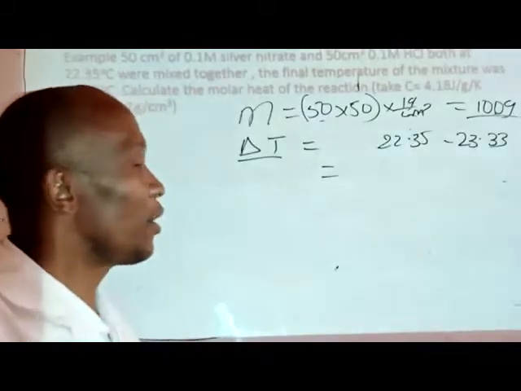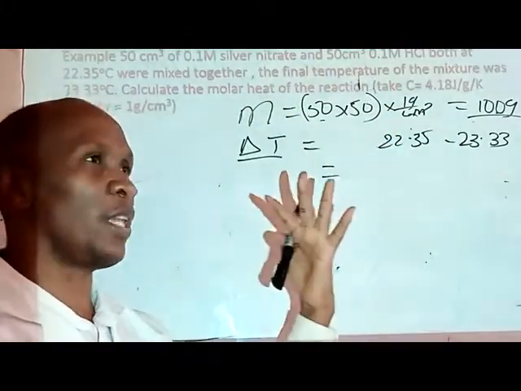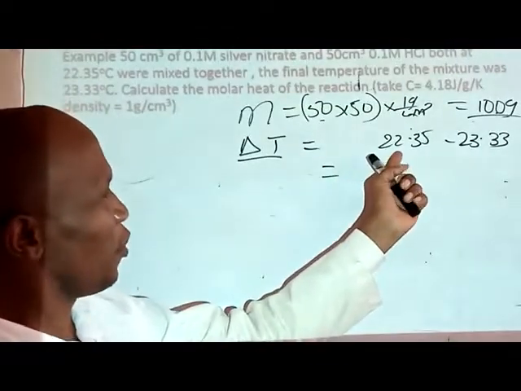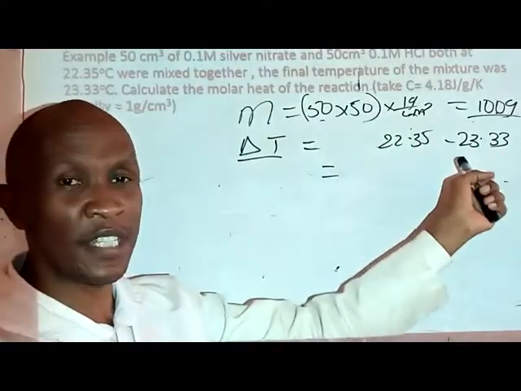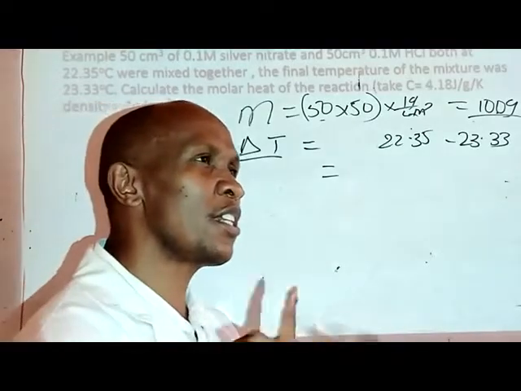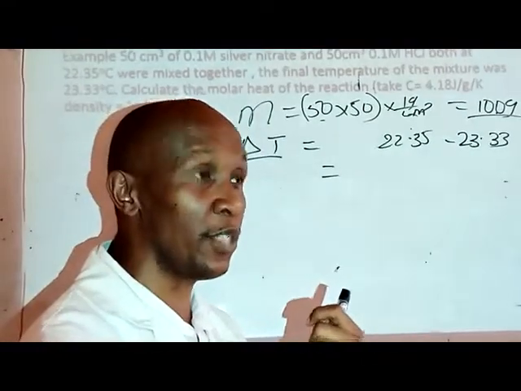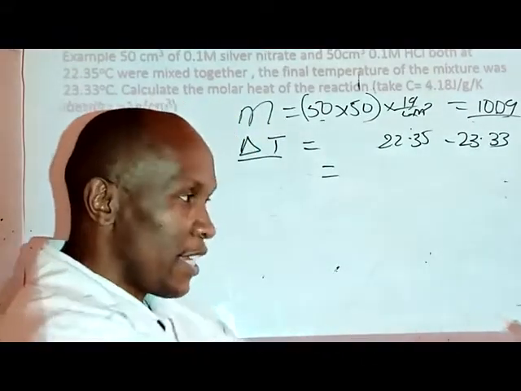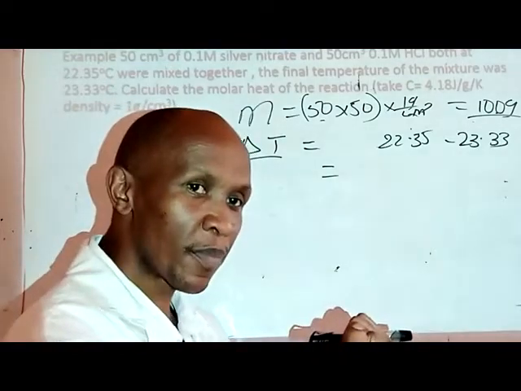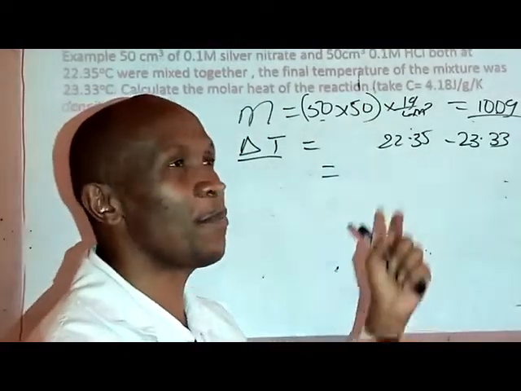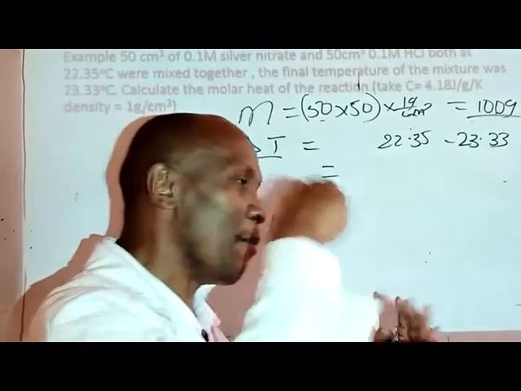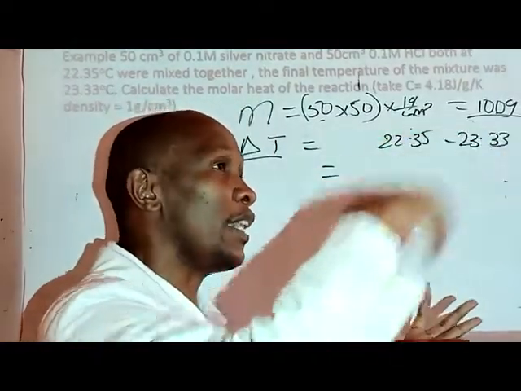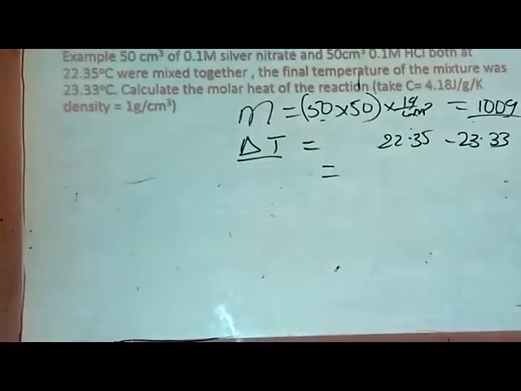Let us make that correction, please: this is not endothermic. We should be subtracting the other way around, so that eventually whatever answer we get will be negative. You'll have a negative enthalpy change. What is that variable?